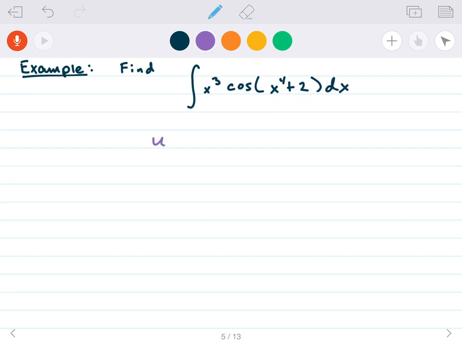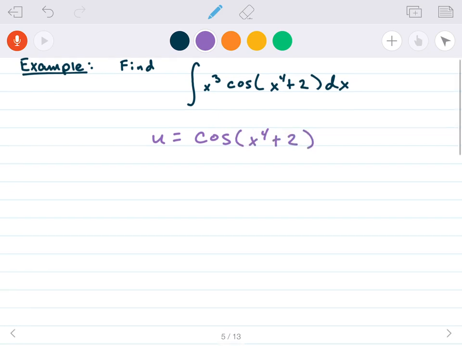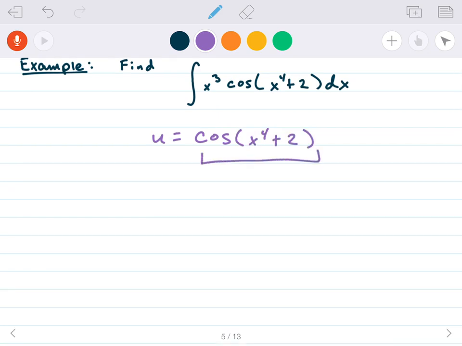like maybe you could say, what if u is equal to cosine of x to the 4 plus 2? Well, then you say to yourself, okay, is this easy to differentiate? And the answer is, not really. Because if we take the derivative of cosine of x to the 4 plus 2, we have to use the chain rule.